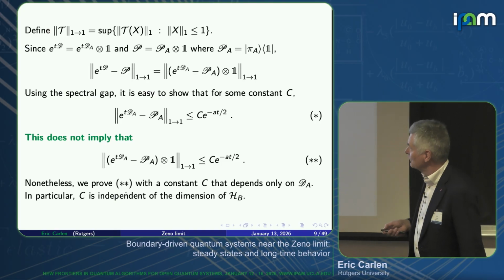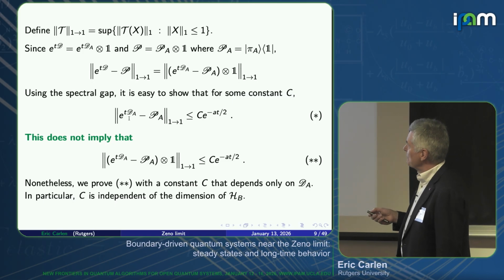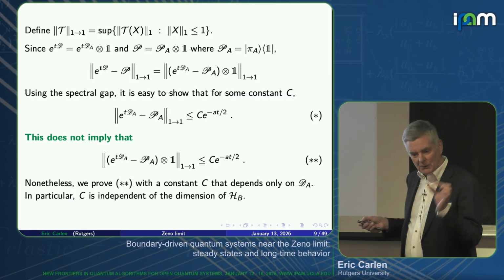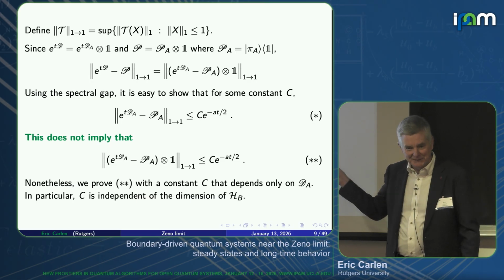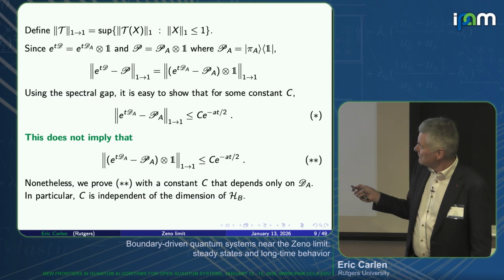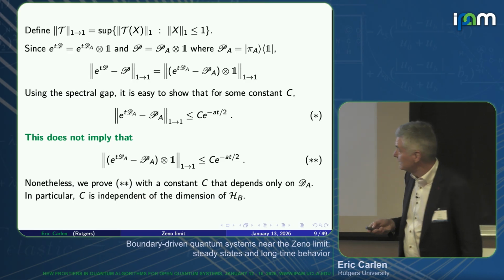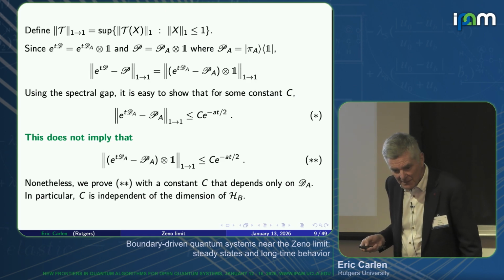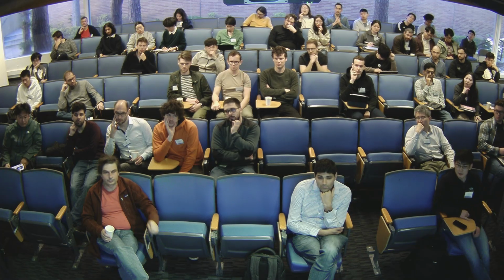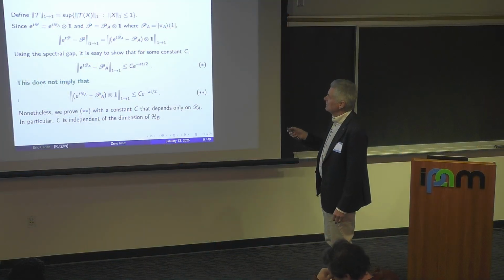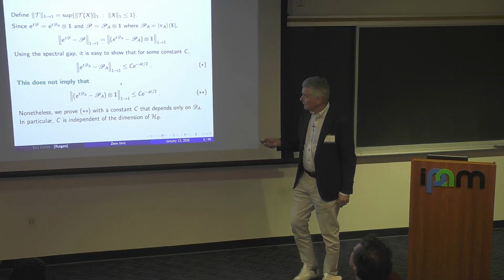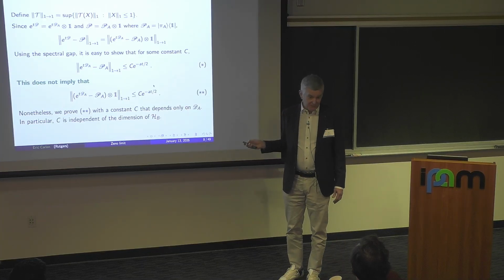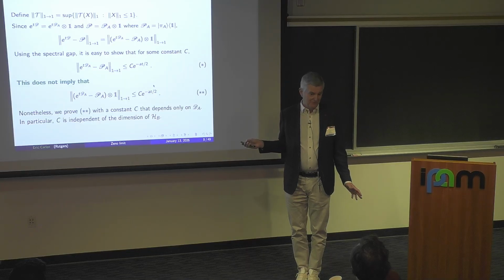I don't know of a general theorem that says if you take two CPT maps that are close to one another, and then you tensor on the identity, that the thing with the identity tensored on is also close to 0. I'd like to be able to transfer this bound to this bound in more generality. Fortunately, this dA is a small dimensional thing, and so I don't know if the sharp bound transfers, but we have a way of bounding this that does transfer, and so I can bound this with the constant C independent of the dimension of the B space.